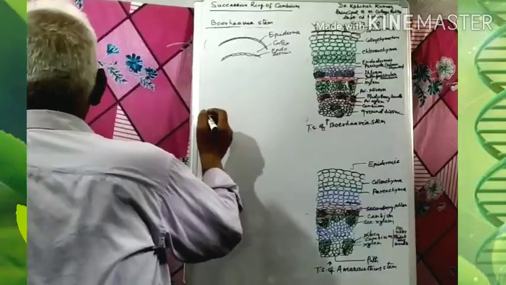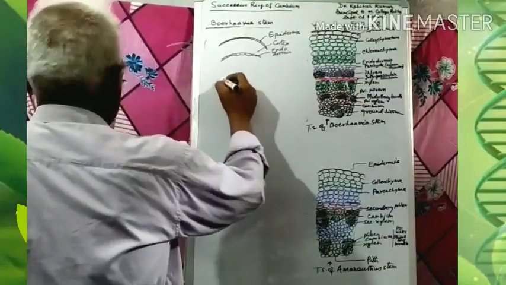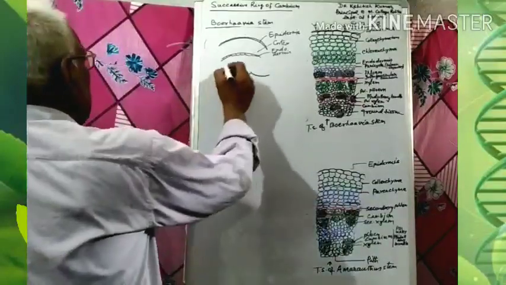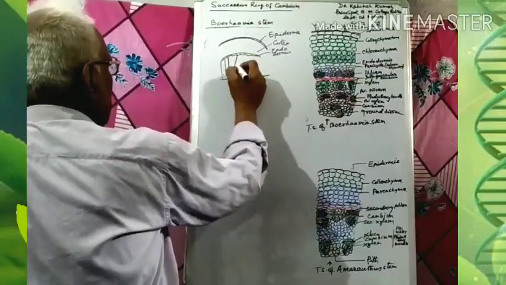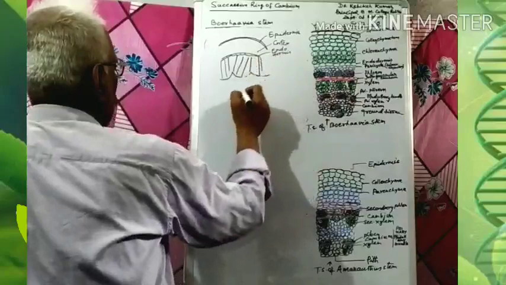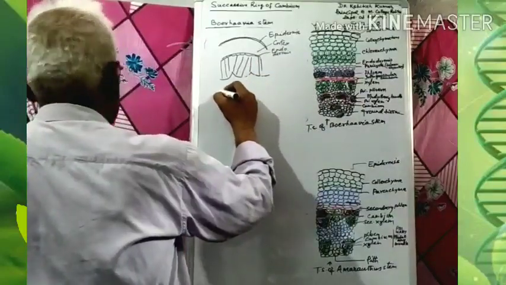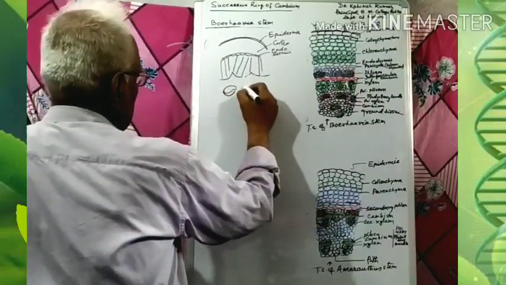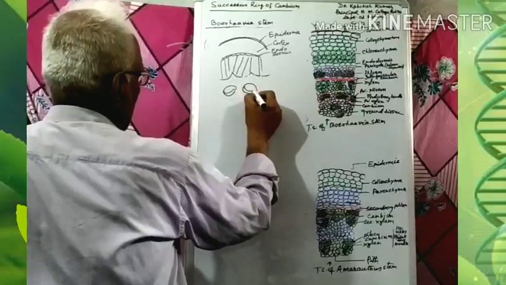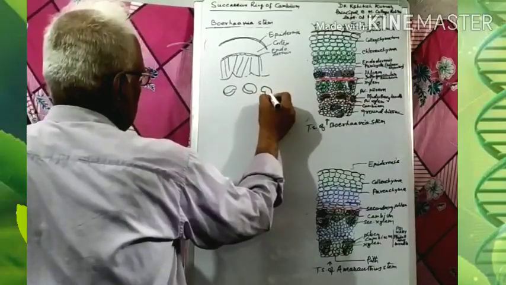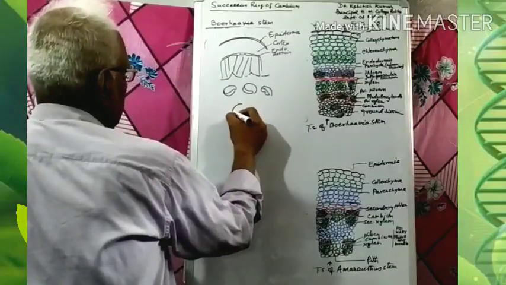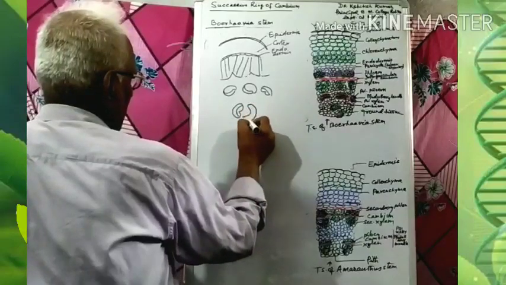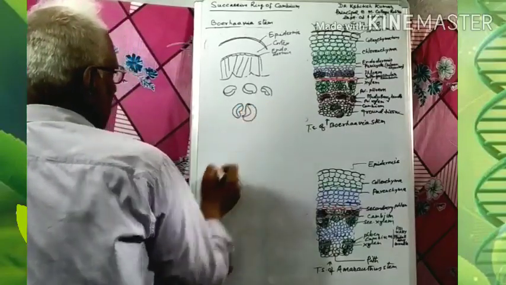And afterward there are the secondary tissues later on formed, and this is the structure of the second row of vascular bundles, and this is the middle row of the vascular bundle.